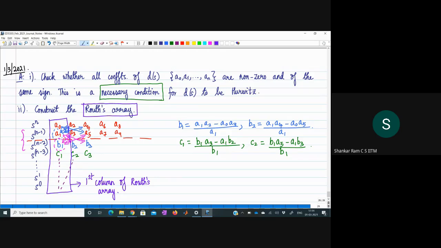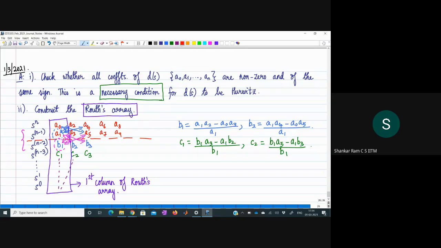Once we fill the Routh array in this way, the condition is that the first column of the Routh array should not have any zeros, nor any sign changes. That is very important.